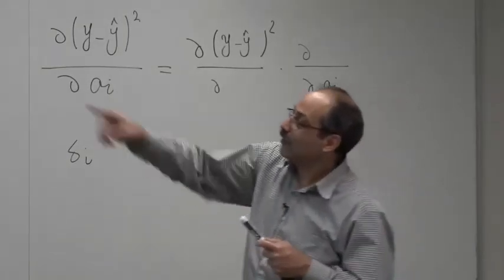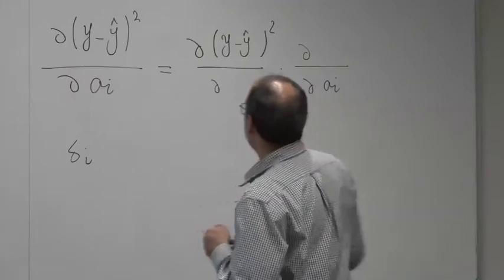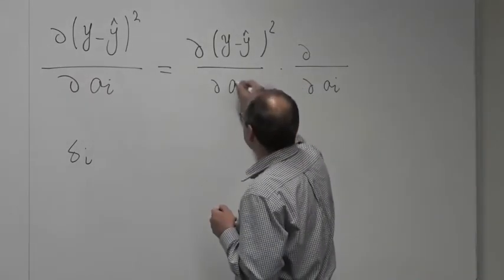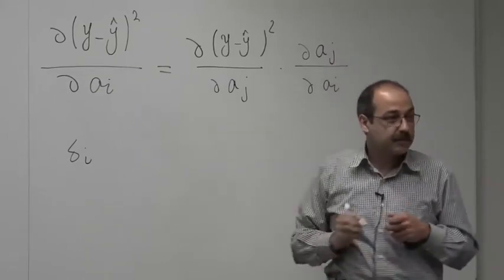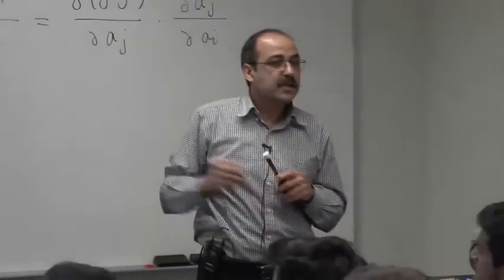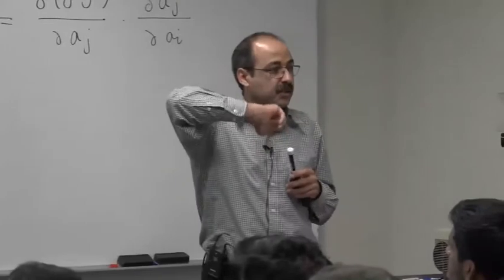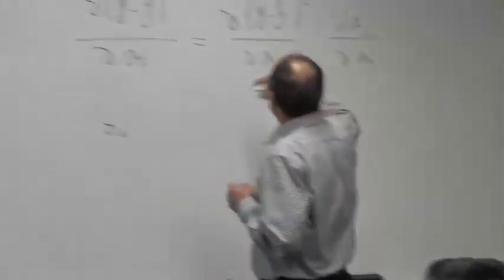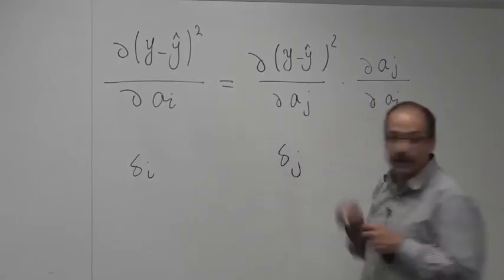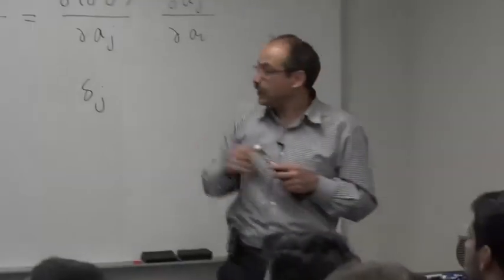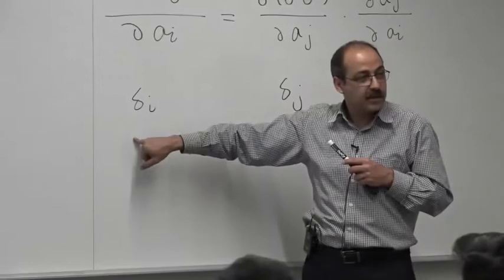So I want to take the derivative with respect to a_i. Why don't I take the derivative with respect to a_j and then a_j with respect to a_i? Why is this a better suggestion than your suggestion? Because the derivative of this with respect to a_j is just delta_j. It has the same nature as delta_i, which was unknown.